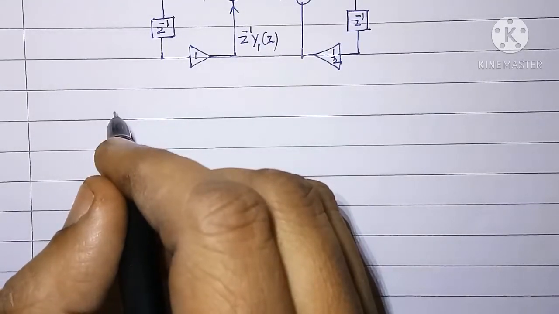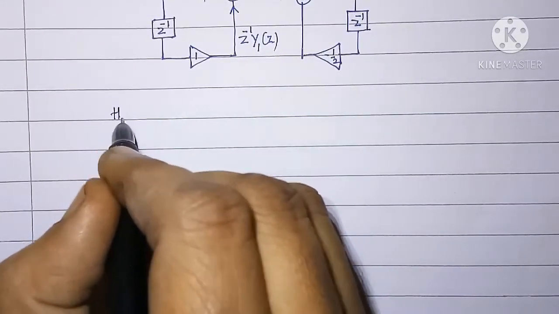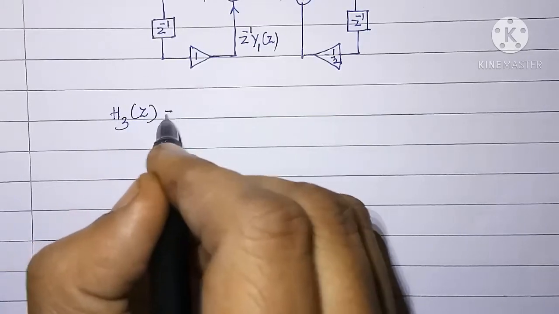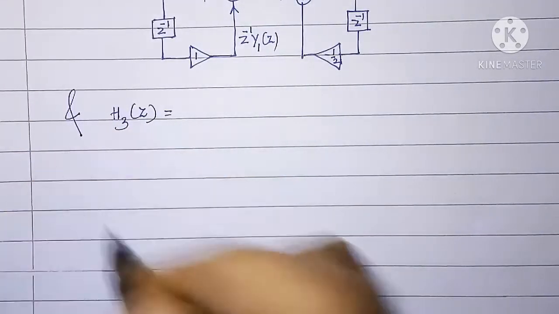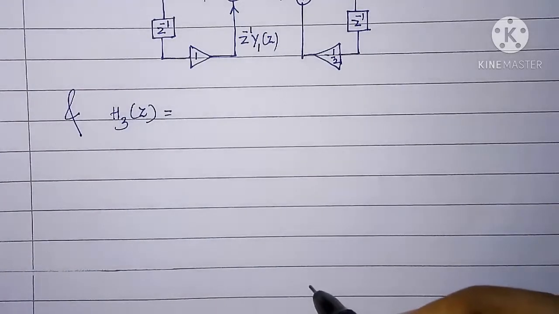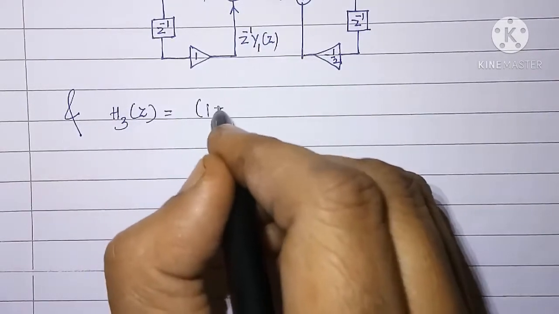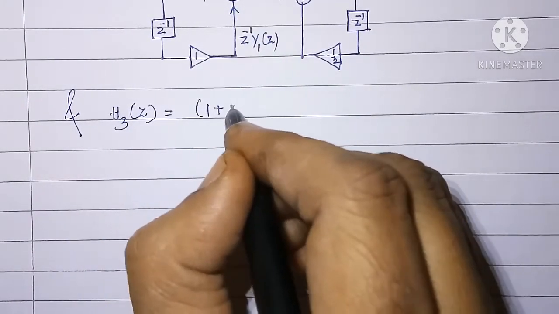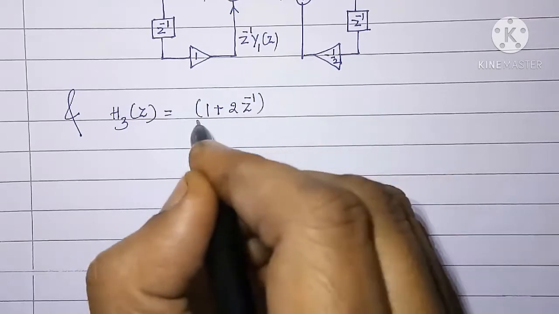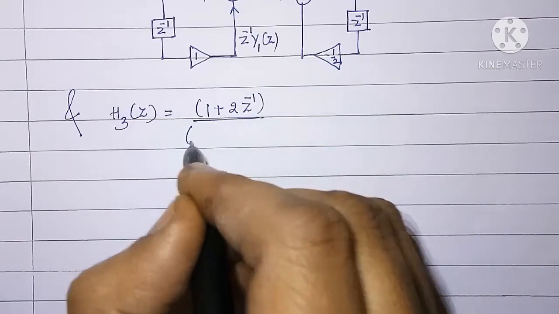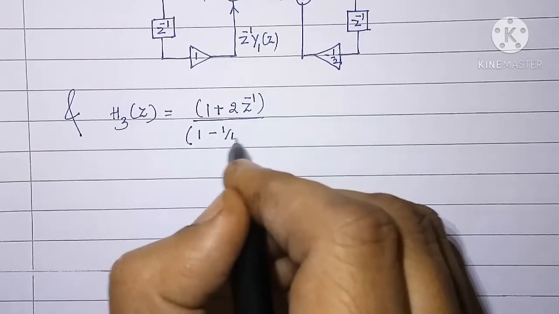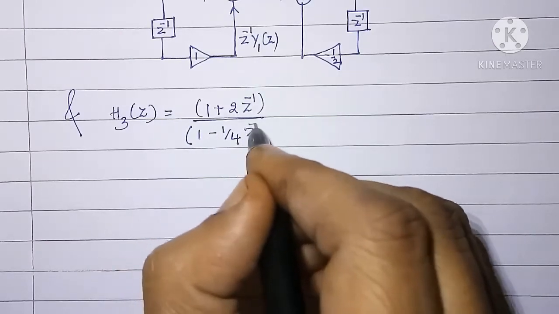So what we will do now is we will take h3 of z equal to one plus 2 into z raised to minus 1 by 1 minus 1 by 4 into z raised to minus 1.